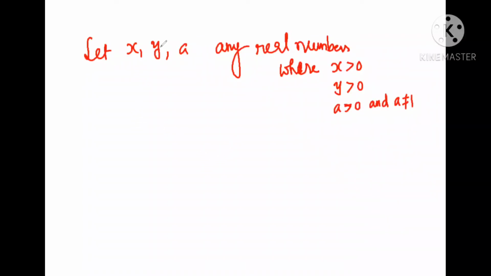Then if x can be written in the form of a to the power of m, that means some exponent of the number a, and y can be written as a to the power of n, then let us convert these exponential forms into logarithmic forms.